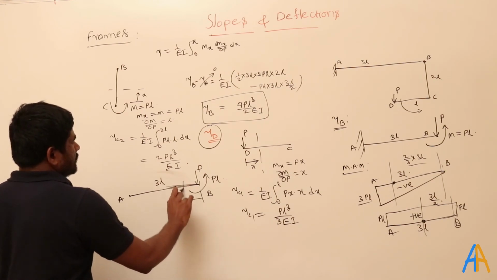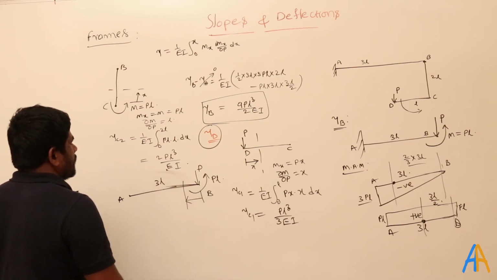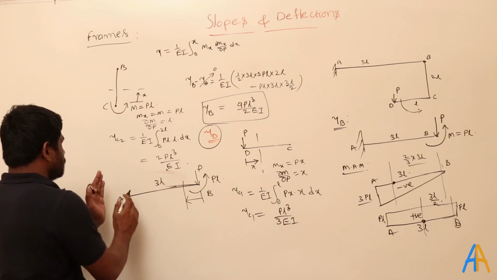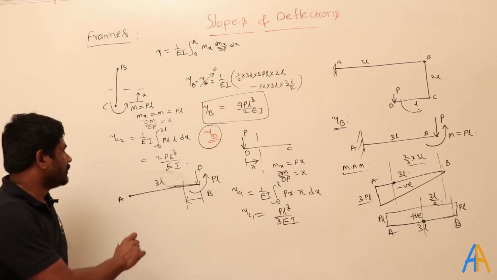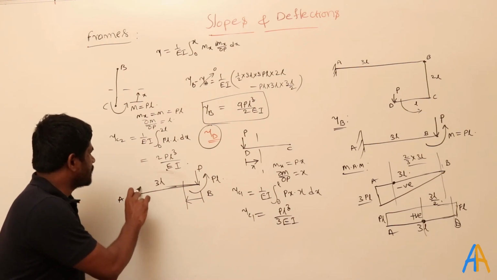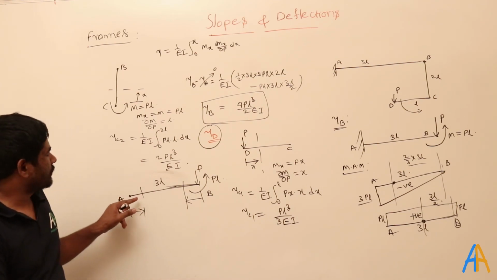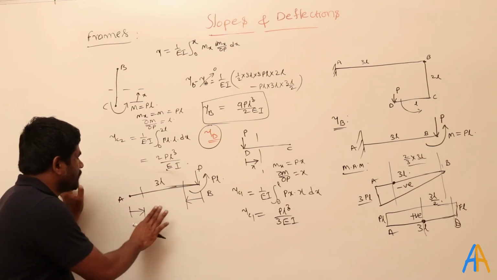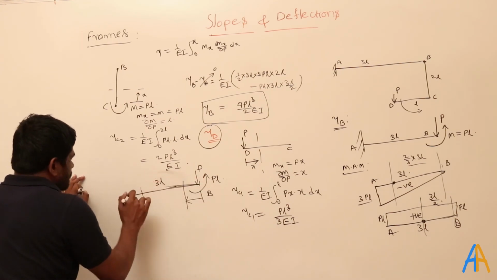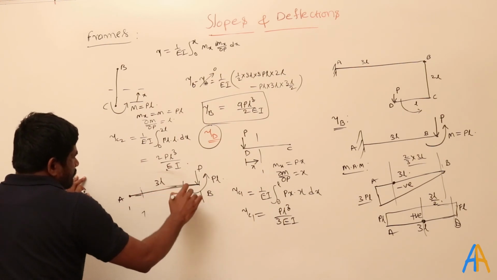And if I take at any distance here, X, sometimes if the reactionary force at A is only one, then you can find out from this side. But here also there are two reactions, one is moment and one reactionary force, so it's better I will come from here.